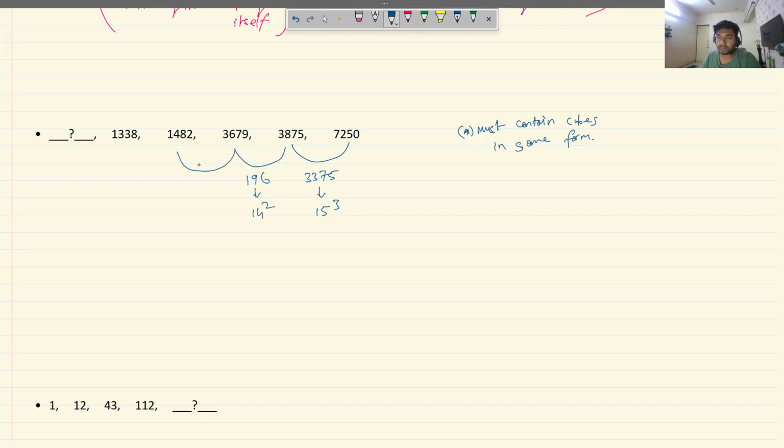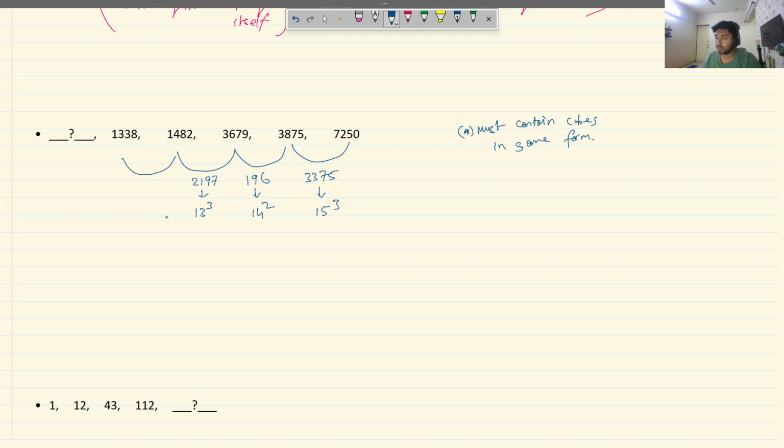The consecutive difference between these numbers is 2197, and 2197 is 13 cube. Okay, so 13 cube, 14 square, 15 cube.